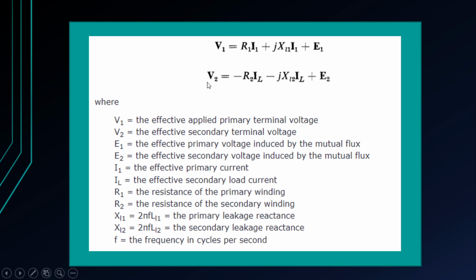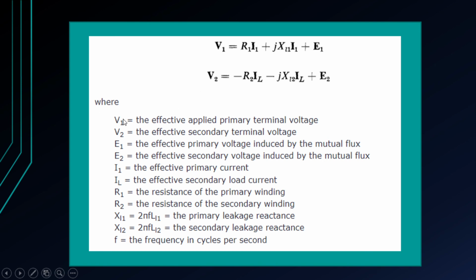So, same in the V2. Ganun rin. Gagawin rin natin siya sa Kirchhoff law. Then, makukuha natin negative R sub 2 I sub L minus jX sub 2 I sub L plus E sub 2. If we're going to get the E sub 2, ma-manipulate lang natin siya.